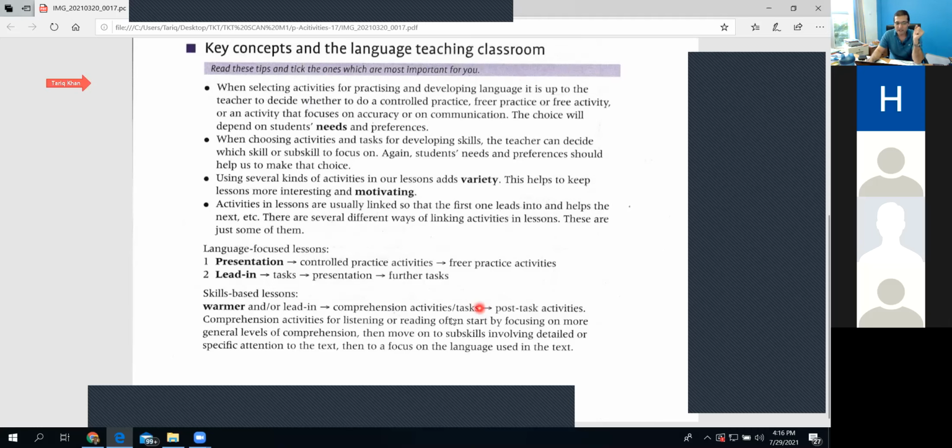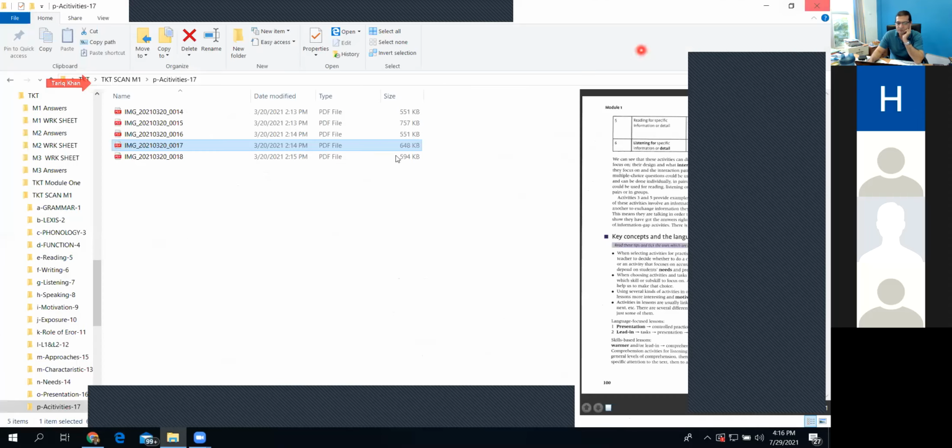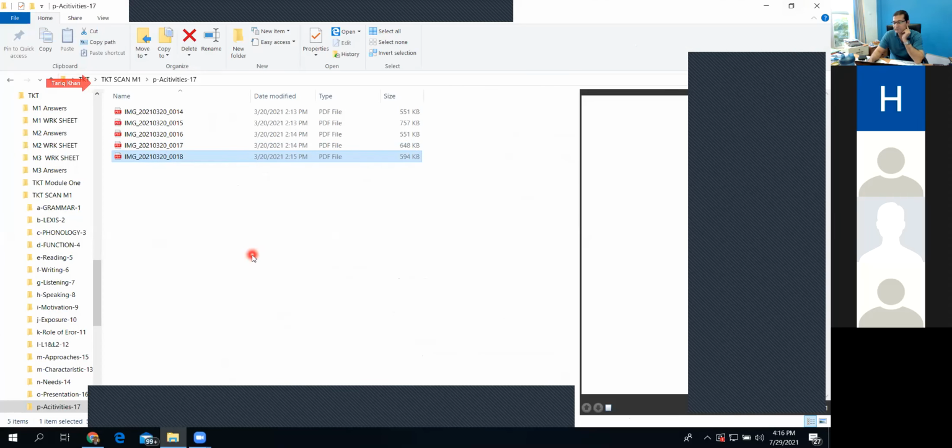Never get confused between the activity and the task. Tasks are many, activities are particular areas of that. Let's see what's on the next page. Is that point clear to you? Tasks and activities?